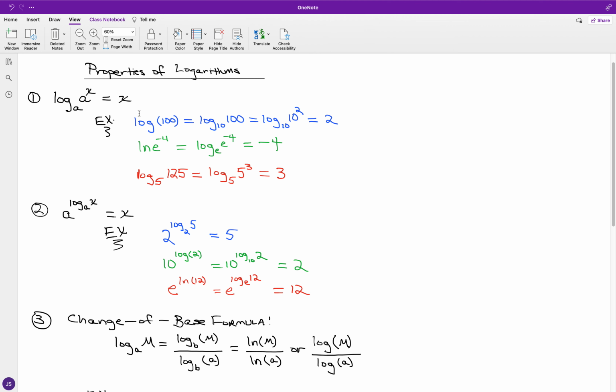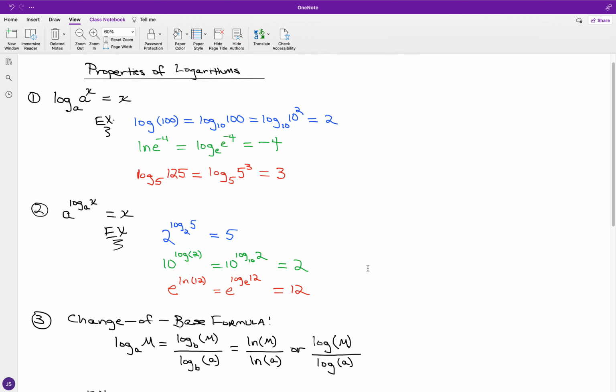In terms of the variable x, the base a logarithm of a to the x is equal to x. And akin to this property, which we will see toward the end of the section on exponential and logarithmic equations, we have a to the base a logarithm of x is equal to x.